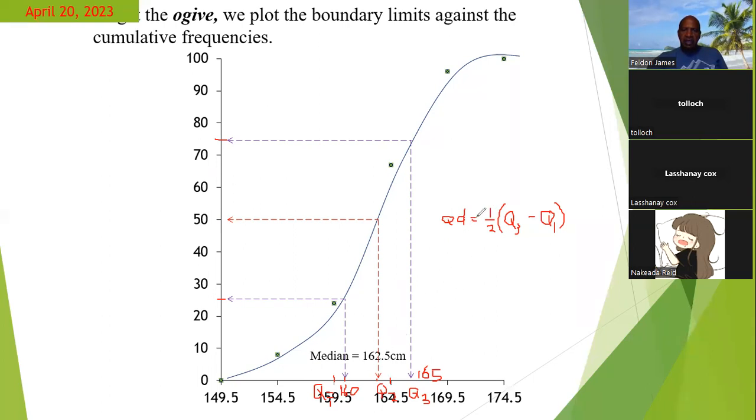So it is half Q3 minus Q1 that gives you your quartile deviation. And if we use the values that we have estimated for Q1 and Q3, then this becomes half, we said that Q3 is approximately 165, so it will be half 165 minus Q1, which is 160.